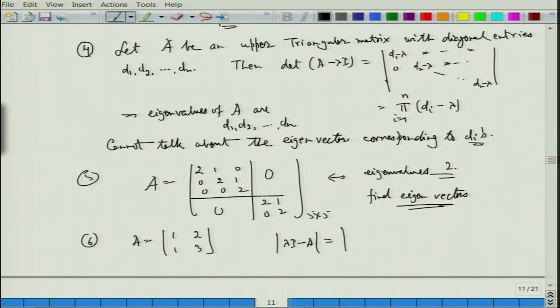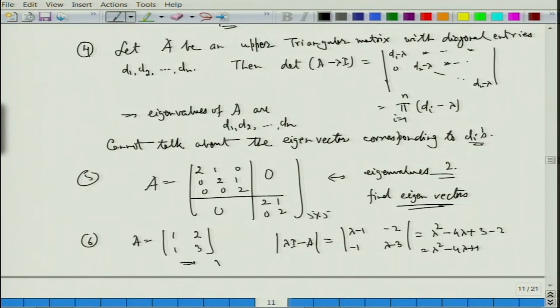So this is the same as the determinant of lambda minus 1, minus 2, minus 1, lambda minus 3, which is lambda square minus 4 lambda plus 3 minus 2, which is lambda square minus 4 lambda plus 1. I hope I have done it correctly. I am very bad at calculation, as I said.